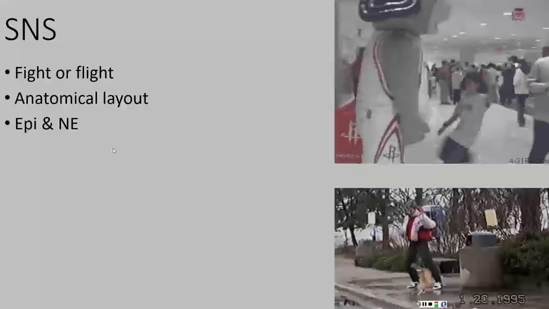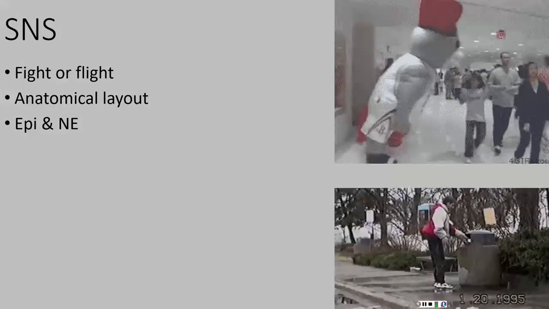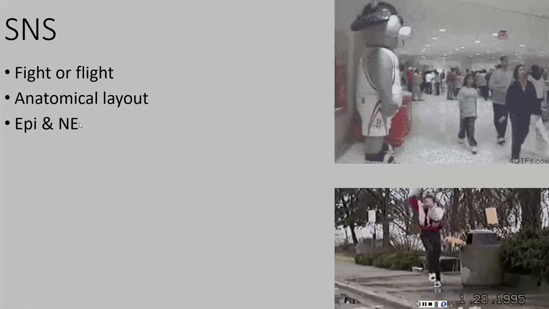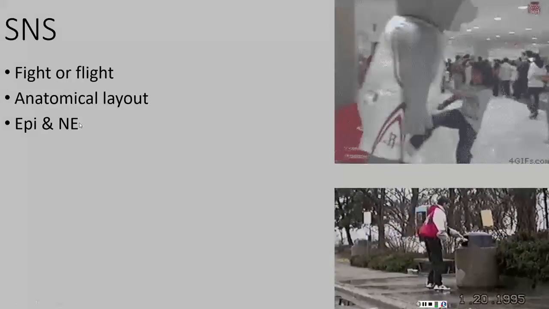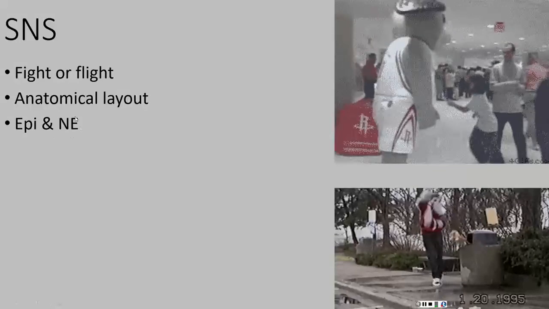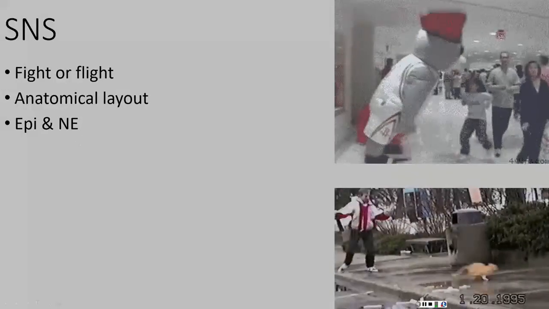So, SNS, fight or flight response. We've just talked about the anatomical layout. In the case of the postganglionic neuron, it releases norepinephrine, NE. In the case of the adrenal gland, the adrenal releases epi and norepi, collectively called adrenaline, into your bloodstream that has the sustained response.